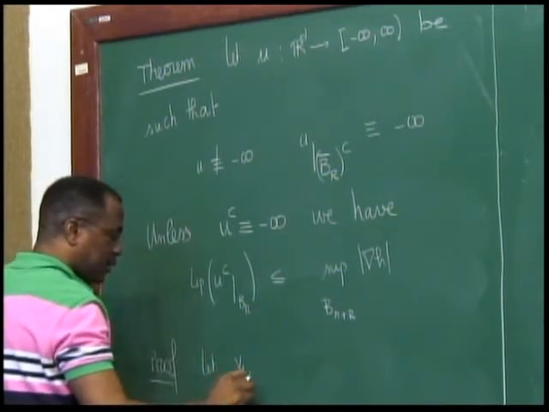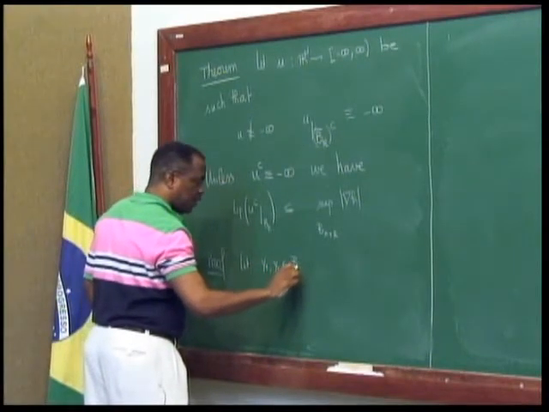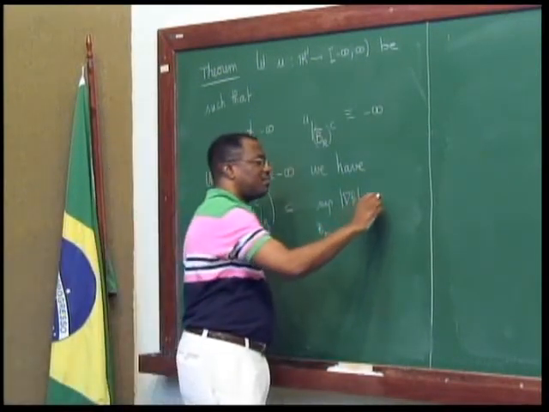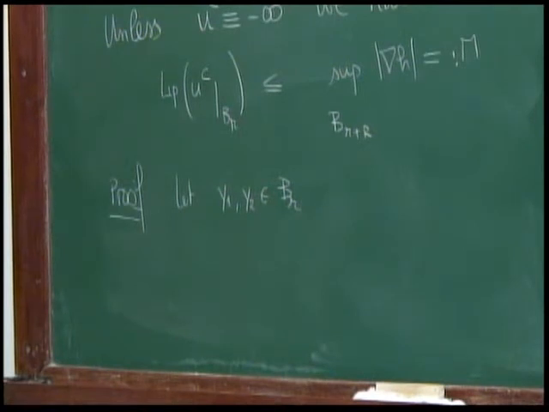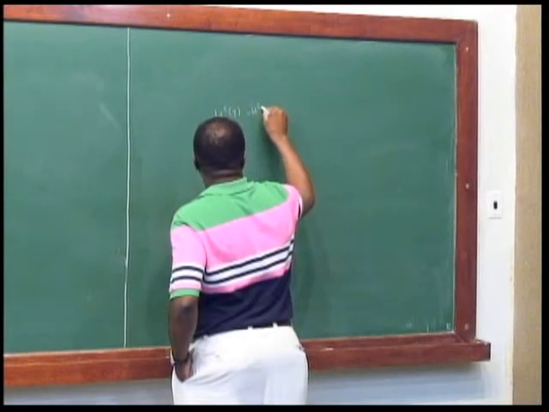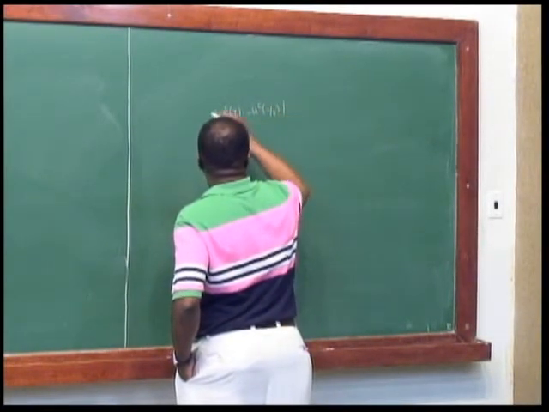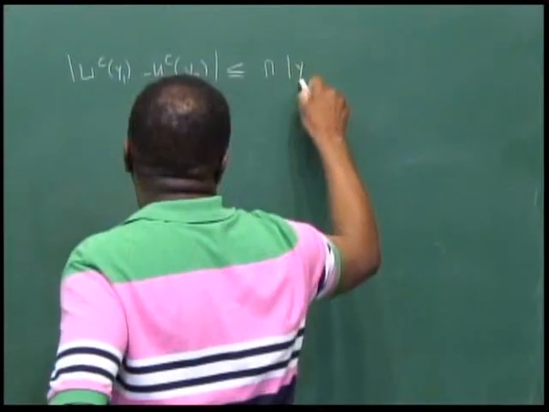Let y1, y2 be in the ball of radius r, and call this M. My goal is to show that u^C of y1 minus u^C of y2 is less than or equal to M times |y1 minus y2|.